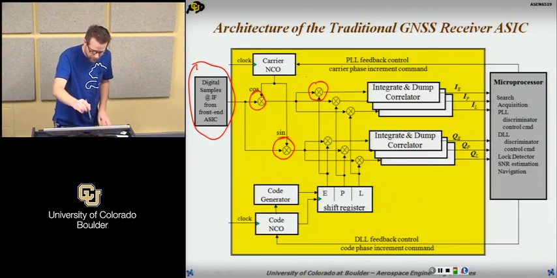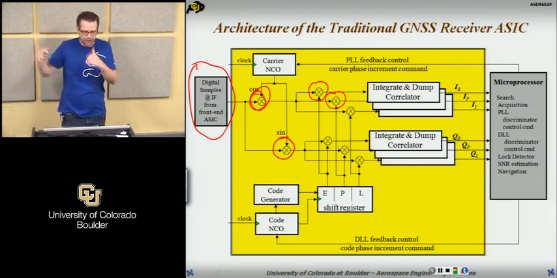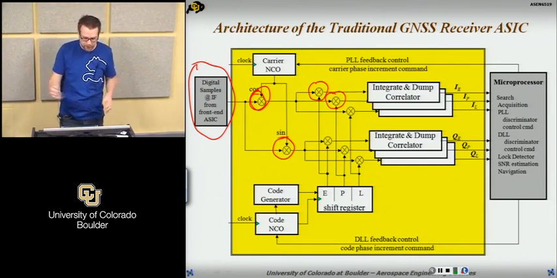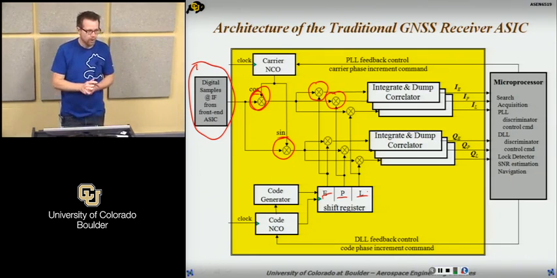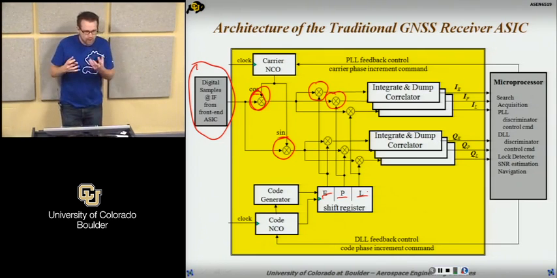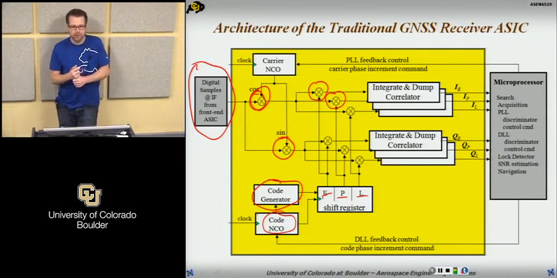And then we have three others. These are mixers that multiply each sample with the output of a sinusoid generator, basically. It's just multiplication. We also multiply with the early, prompt, and late code. So we have a code generator and this code NCO. NCO means numerically controlled oscillator.